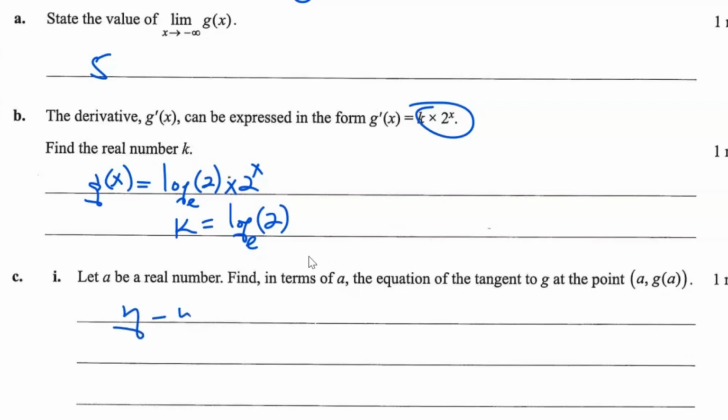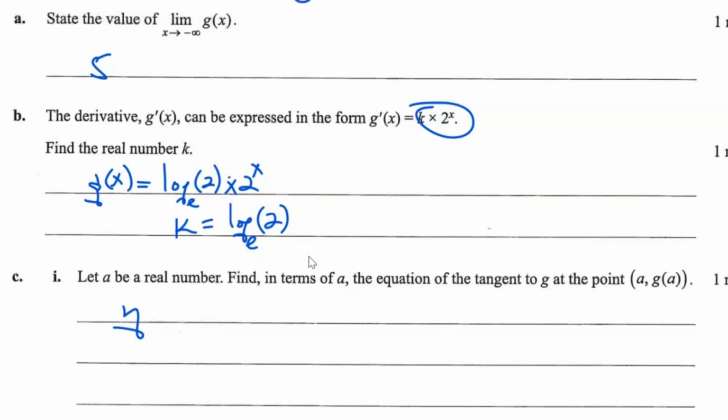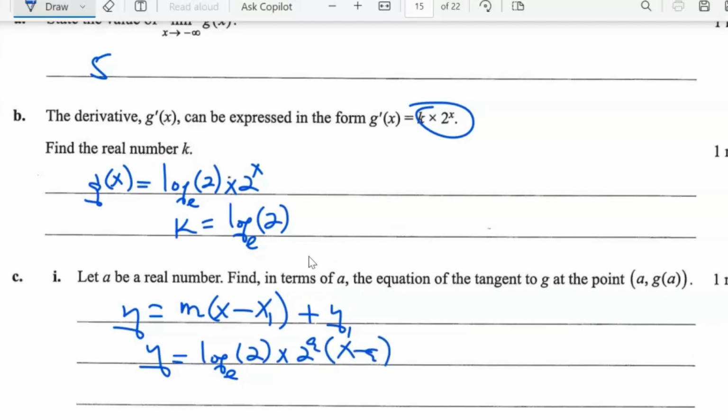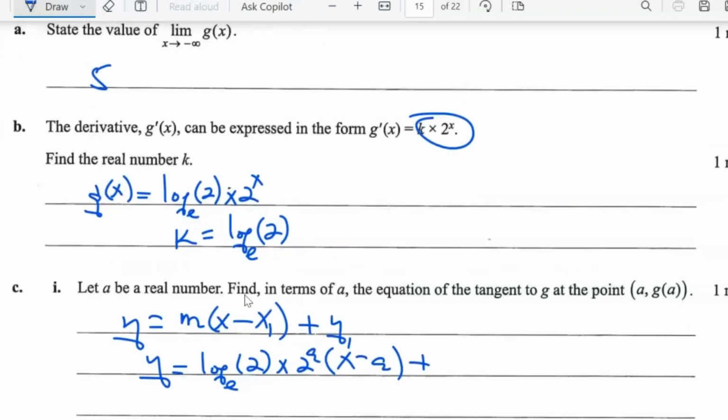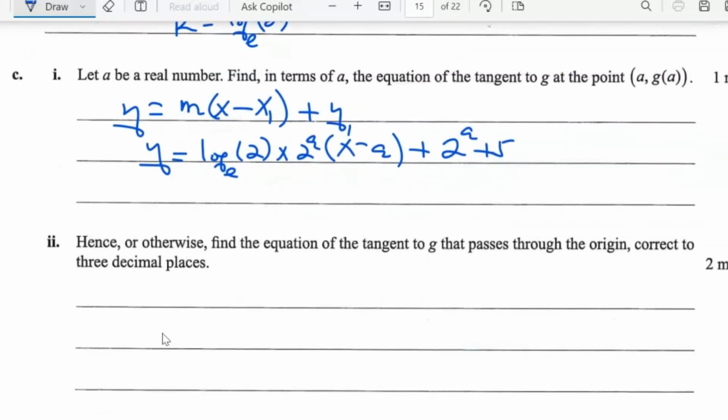Well, we could use this formula here, which can be written as, well, that's my m value, so y equals the natural log of 2 times 2 to the power of a, times x minus a, plus g of a, 2 to the power of a, plus 5. Alright.